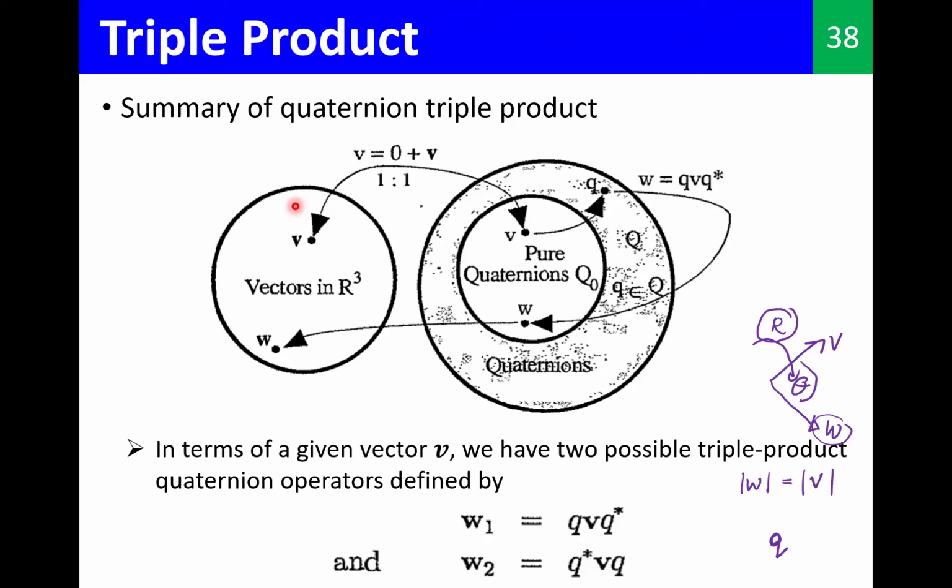In this case, we only showed you that we can get a W, but we still don't know that it has the same magnitude of V. Maybe we have to check and confirm, right?